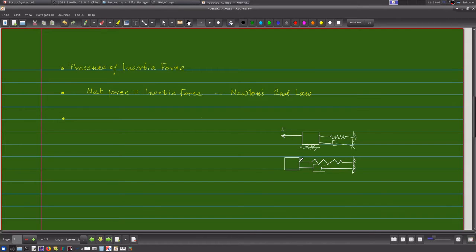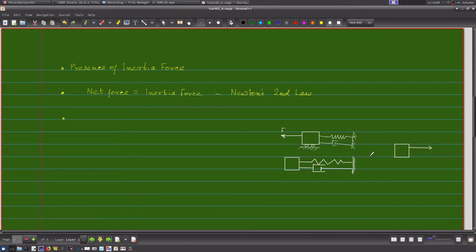Now when the spring is extended, the job of the spring is to restore the mass to its original position. So the spring will pull the mass back, and if I draw the free body diagram of the mass, the spring will exert a force towards the right side.